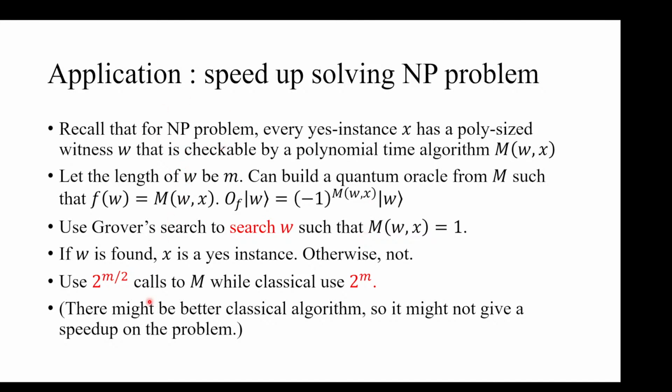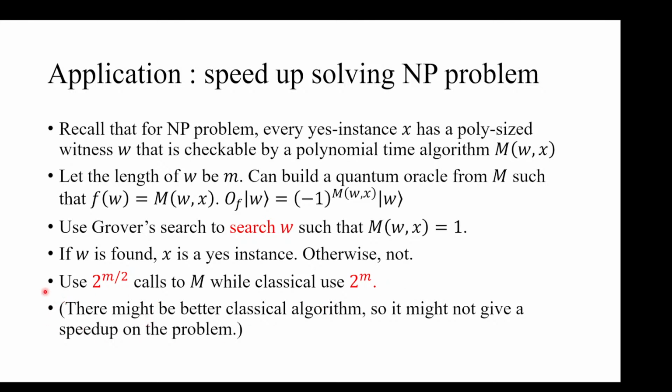Finally, how many witnesses you need to search is 2 to the n over 2, because global search has a square root in its query complexity. Classically there are 2 to the n in total, because we assume w has length n, so there are totally 2 to the n possible w. So classically, for a brute force solution, you search over all w, and there are 2 to the n of them.